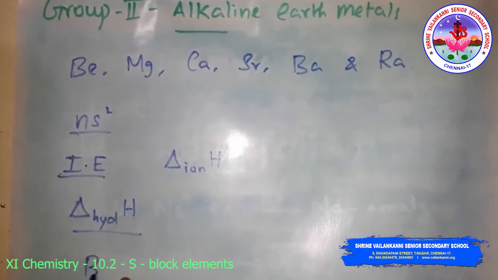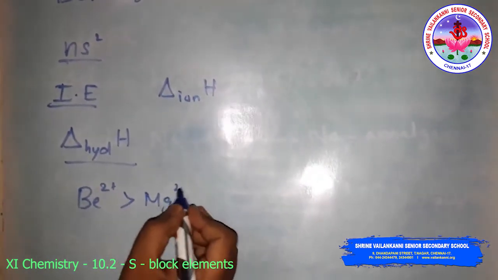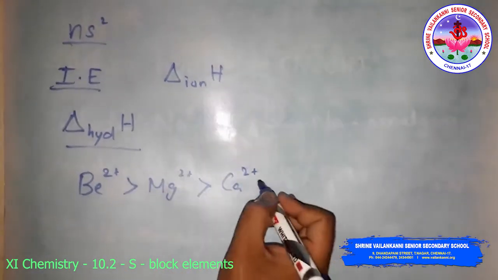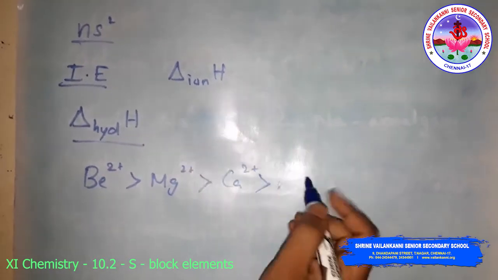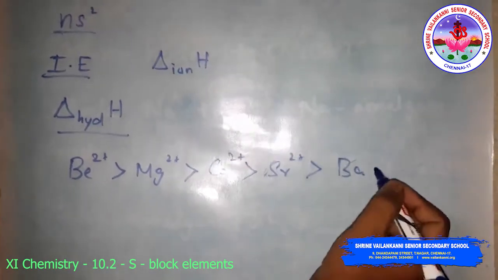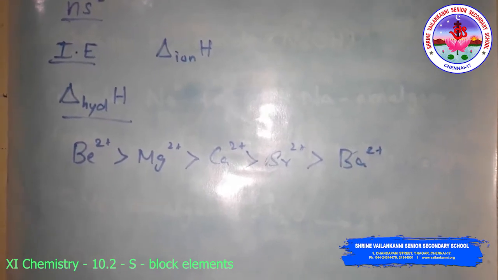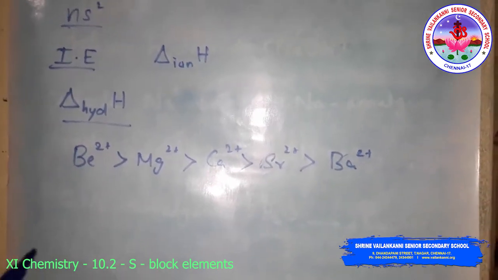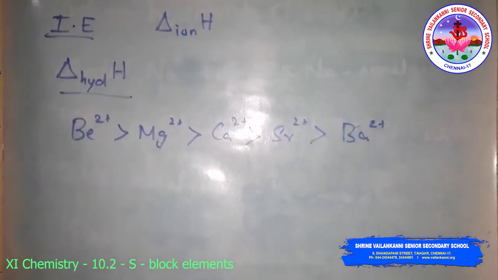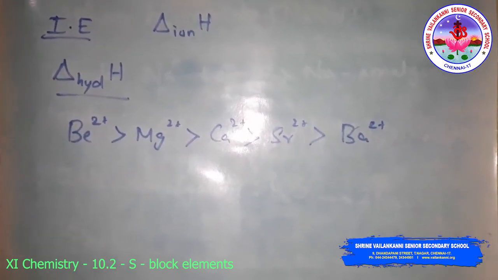The order will be beryllium 2+, magnesium 2+, calcium 2+, strontium 2+, barium 2+. The hydration enthalpies of the alkaline earth metal ions are larger than those of the alkali metal ions. So the compounds of the alkaline earth metals are more extensively hydrated than those of the alkali metals.